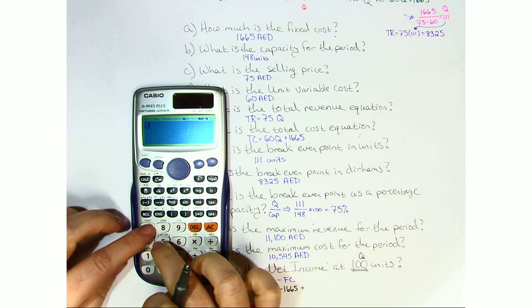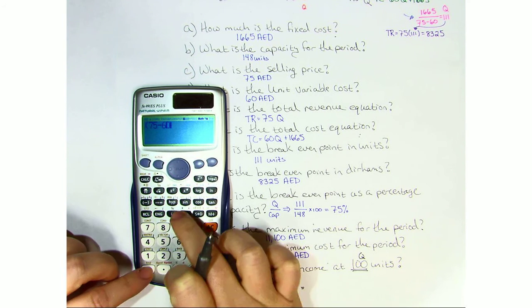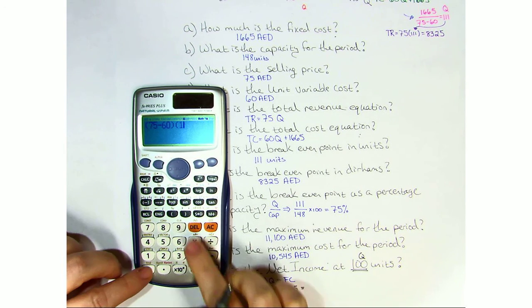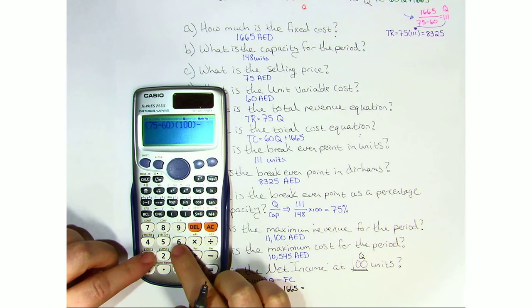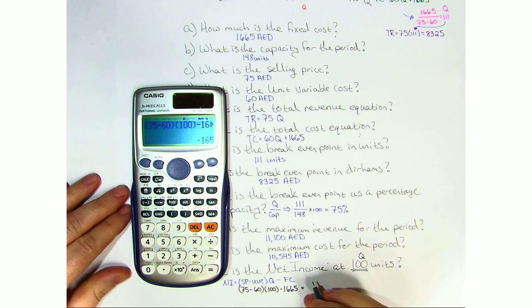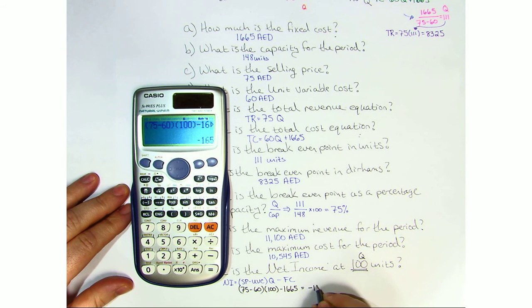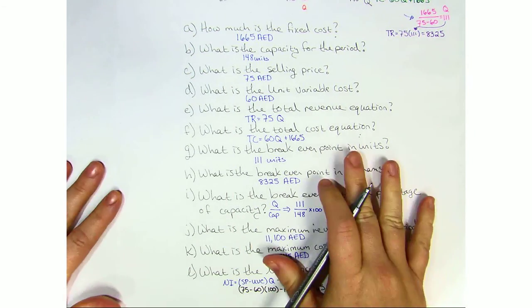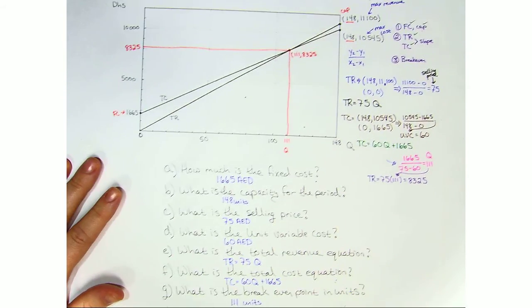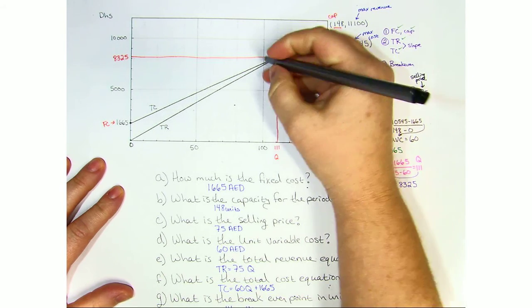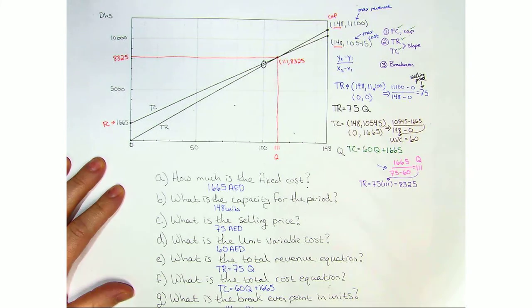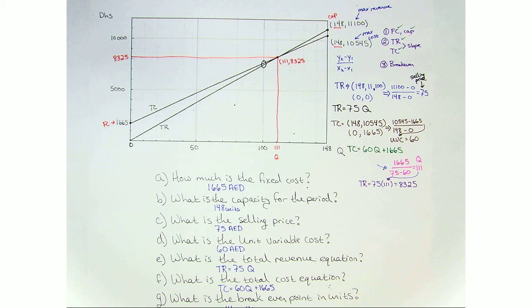So 75 minus 60 times 100 minus 1,665 gives us a net income of negative 165 dirhams. So in other words, we're going to have a 165 dirham loss, which we expect, because when we look at the graph, we see that at 100 units there is a loss. We are still in the loss section of our graph.